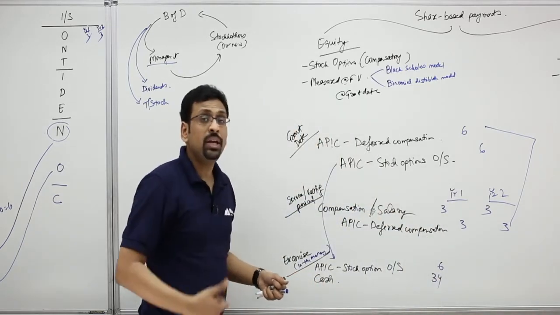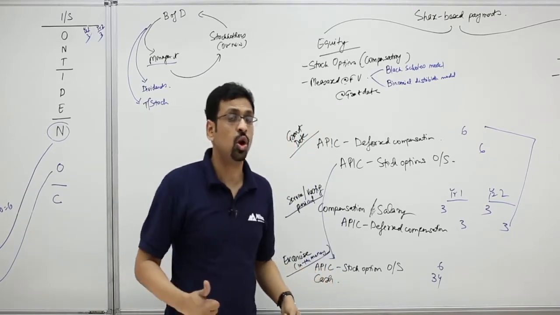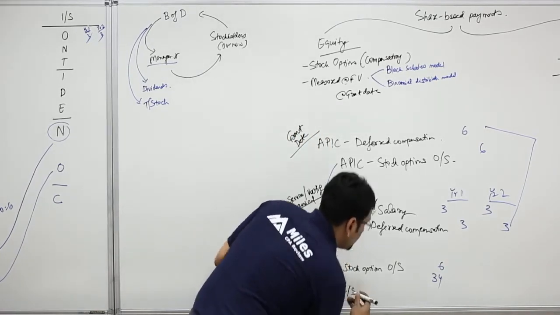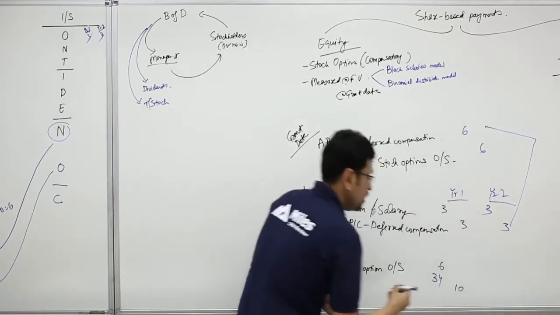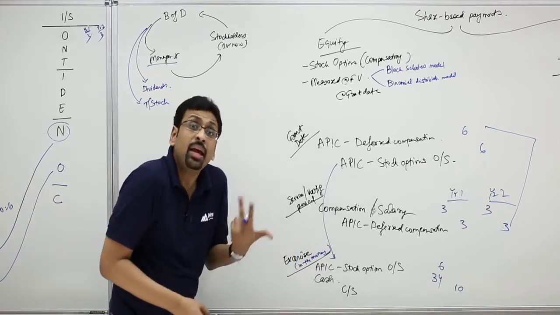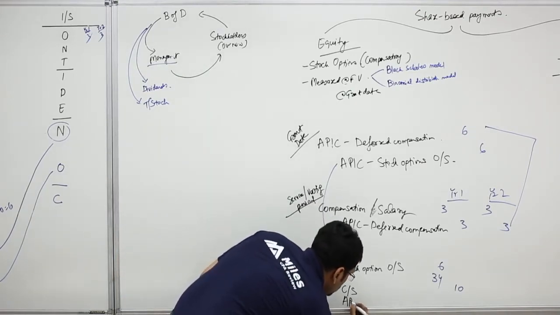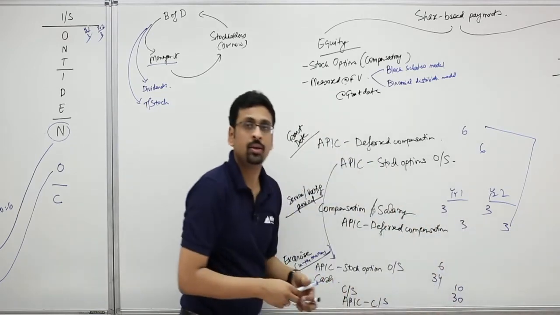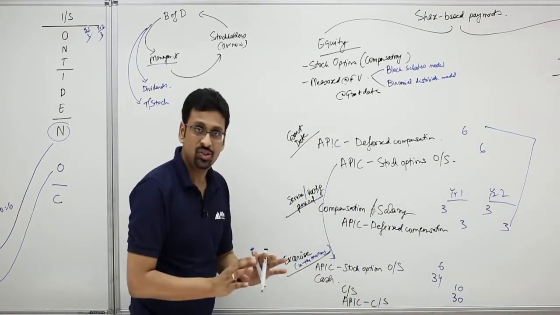And then he would be taking home the company's common stock, which is at $10 par. So common stock credit 10. The balance plug, that would go to APIC common stock. That's 30. So guys, simple and easy.